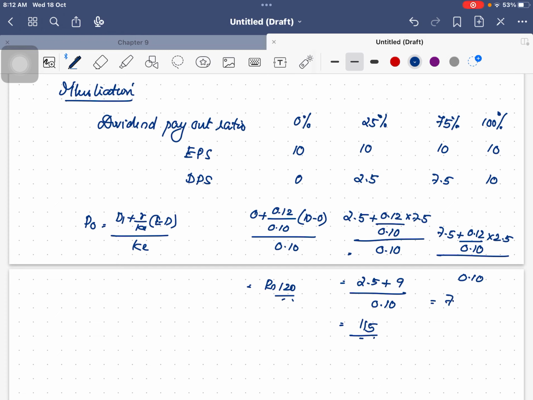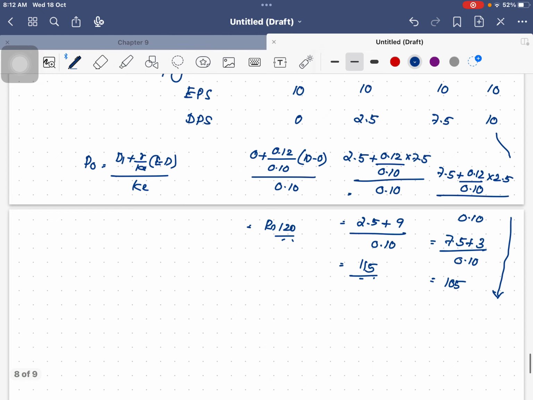That is 7.5 plus 3 divided by 0.10, that is 10.5 divided by 0.1. It is 105. And the last one, 10 dividend: 10 plus 0.12 divided by 0.10, and 10 minus 10 is 0, divided by 0.1. So that will be rupees 100.